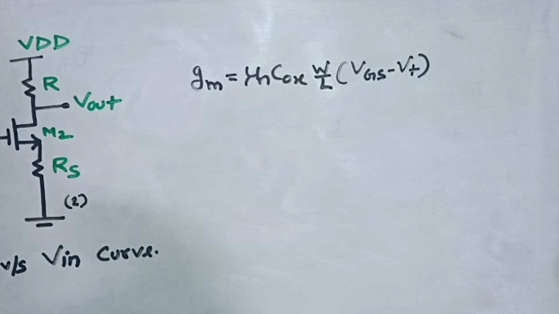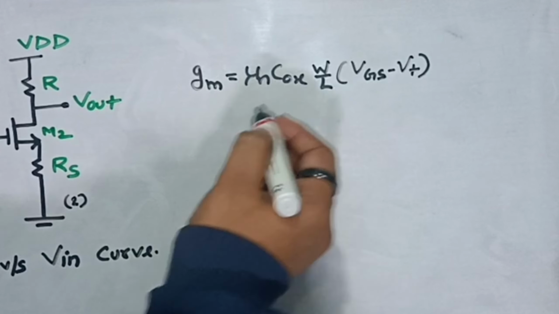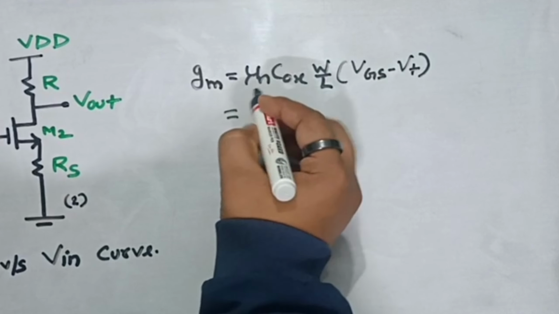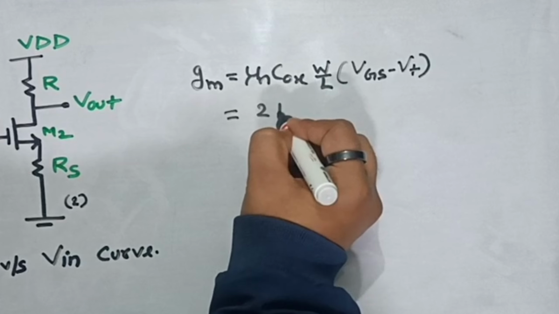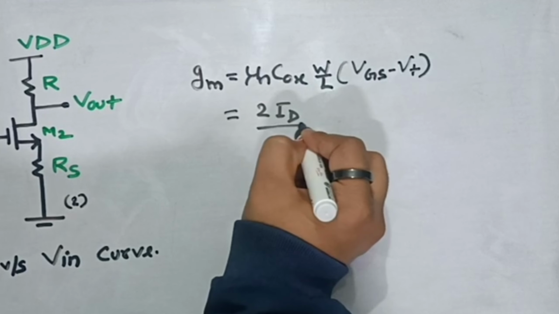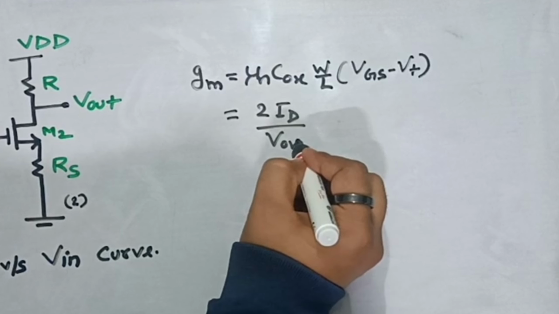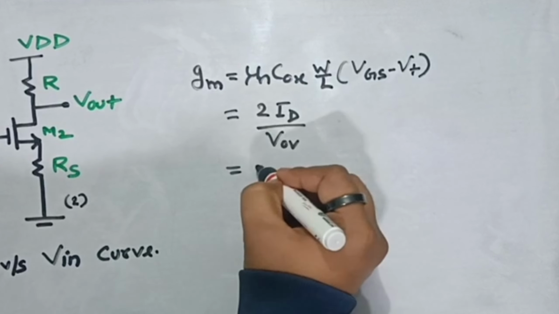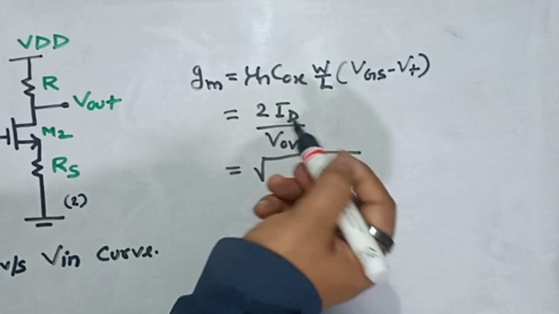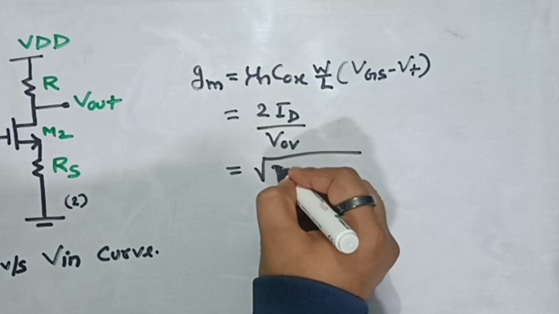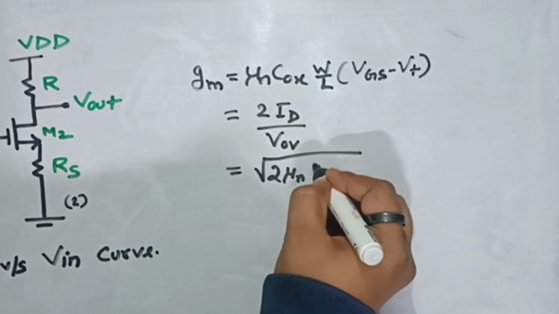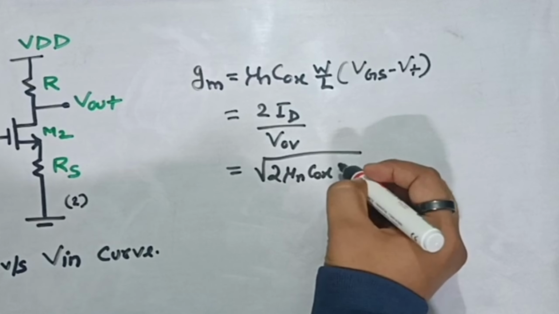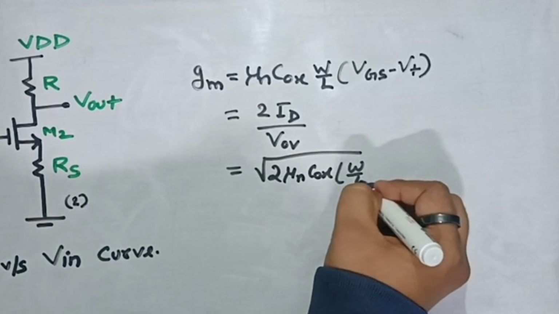The gm equation can be written in other formats also. The other format of the gm equation in saturation is twice of ID divided by the overdrive voltage, which is equivalent to VGS minus VTH. There is one more equation of gm for saturation, that is defined by the square root of twice mu n Cox W by L into ID.